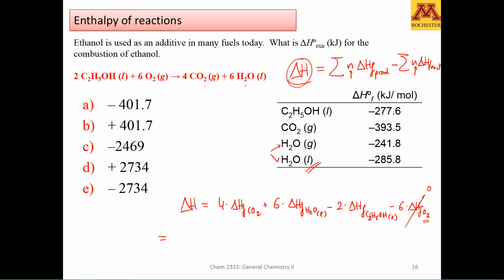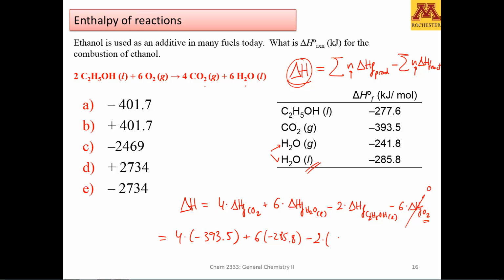So if we apply this, 4 times the enthalpy of formation of CO2, it has to be gas, so negative 393.5. Now plus 6 times the enthalpy of formation of water, it has to be water liquid, so that would be negative 285.8. Now negative 2 times the enthalpy of formation of ethanol.